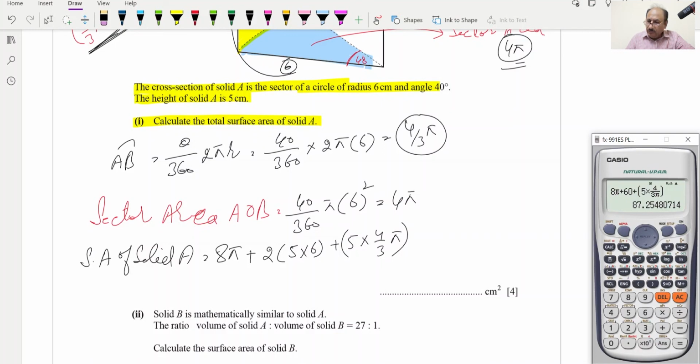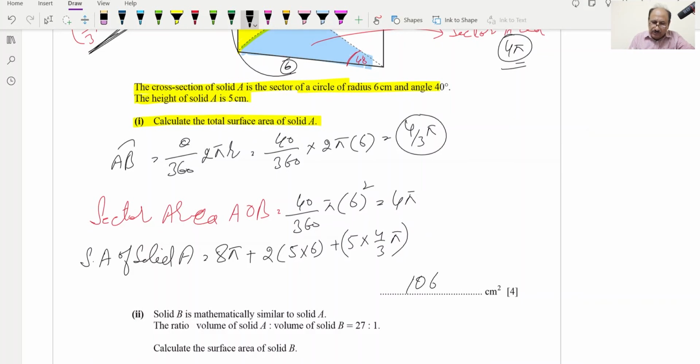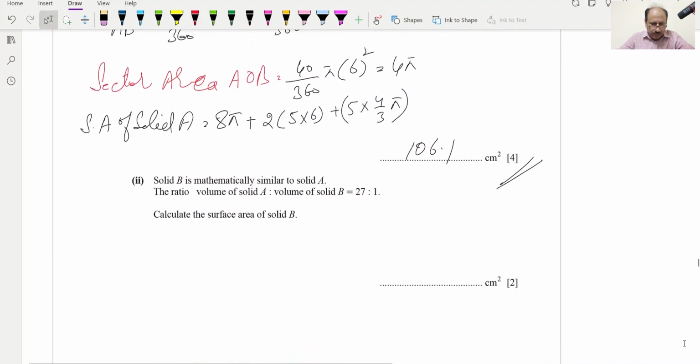Basically we have made some mistake. See, pi is over here as denominator, which is a mistake, so we will write pi over here, and this will be equal to 106.07, or we can write 106.1. This will be the final answer, and this is a 4-mark question.